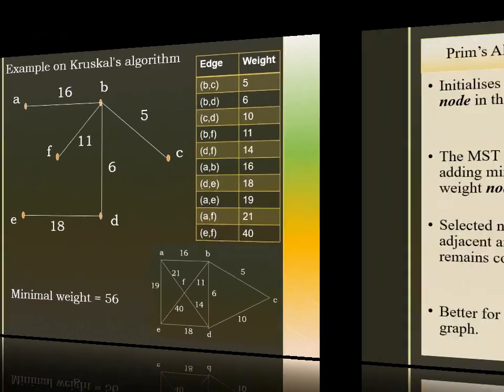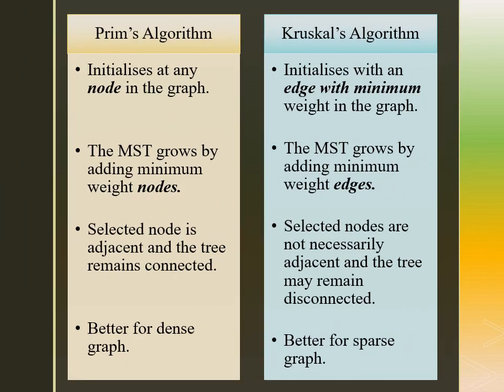Let us sum up by comparing Prim's and Kruskal's algorithms. In Prim's algorithm, we can start with any of the nodes and go on including the edges with minimum weight. In case of Kruskal's algorithm, we have to initialize with the edge of the minimum weight in the graph and go on with the increasing order of the edges.